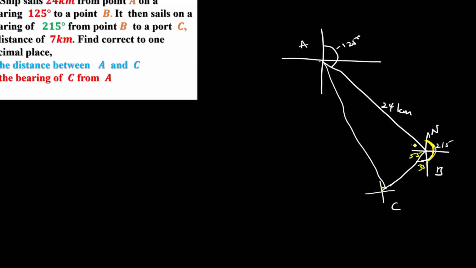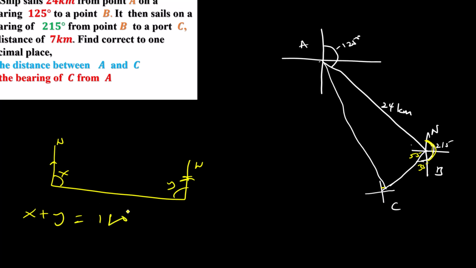So we need to know this side as well. Now let's use the analogy of the first 4 lessons, whereby two lines being parallel, the angles x plus y give us 180 degrees. We can spot the same thing here.